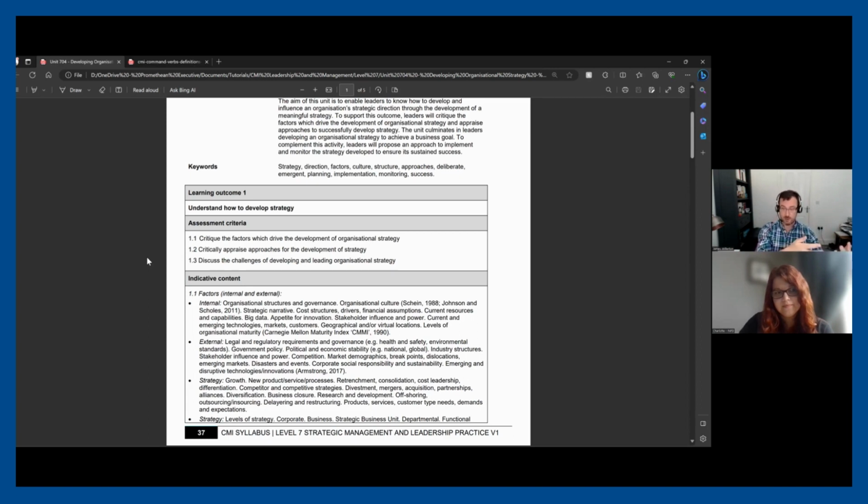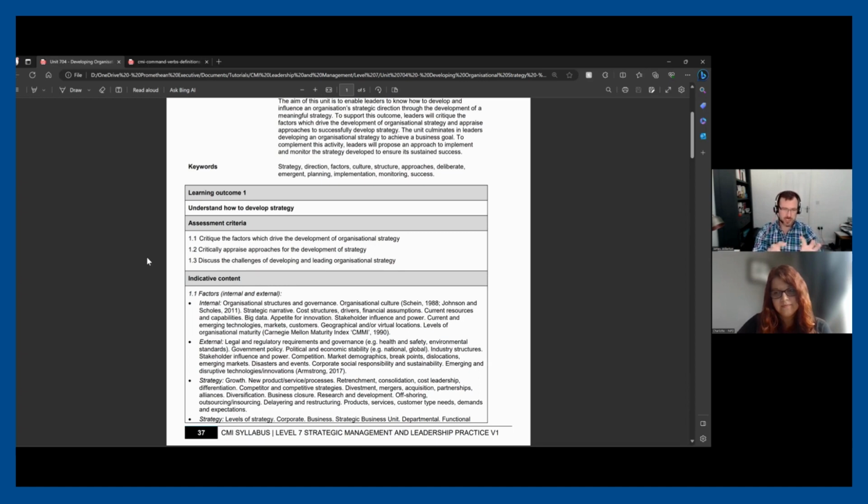Would you lean into that, or do we go into emergency reactive mode, not quite sure what to do? So it's about applying some critical thinking around those factors once you've identified them. We don't want you to identify as many factors as you can see in the indicative content. I would suggest you choose a couple of key factors, both internal and external, and then critique them.